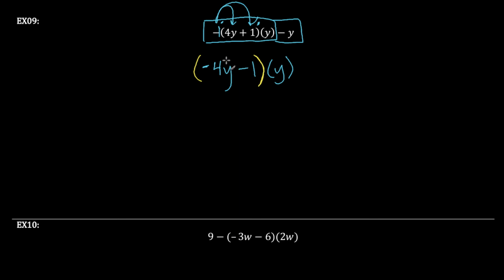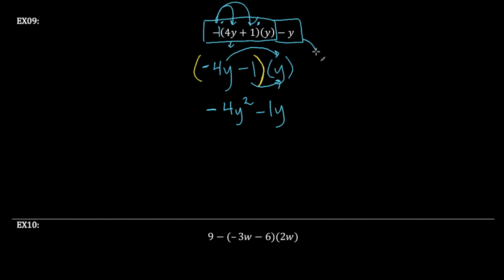Okay, so we have negative times a positive is a negative. 4y times y is 4y squared. And a negative times a positive is a negative. 1 times y is 1y. So now we are done with this group right here.